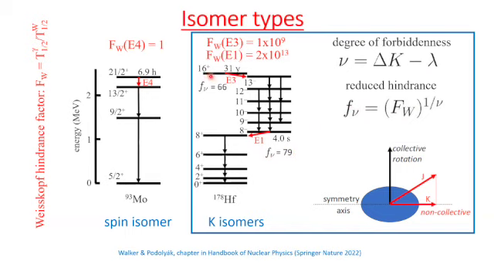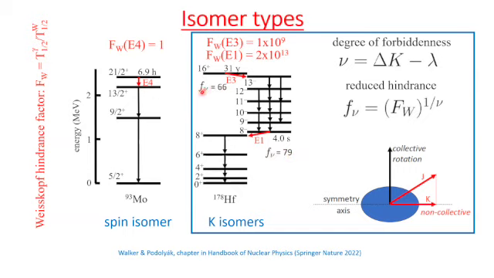If we do it for the decay of the 16+ 31-year isomer, then we get a number 66, which is similar to 79. So this so-called reduced hindrance boils down the inhibitions in a way that's easier to compare.